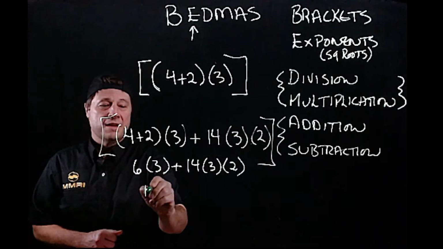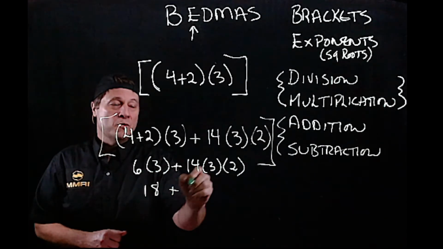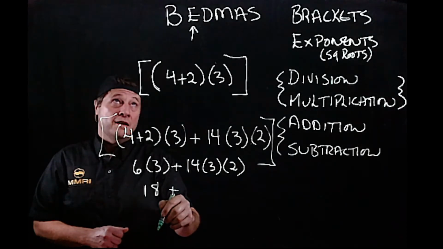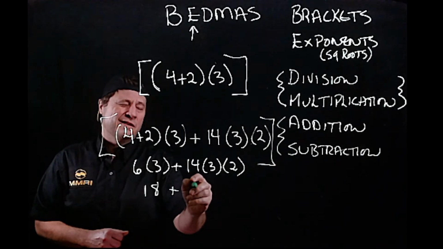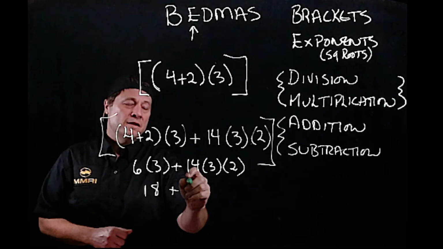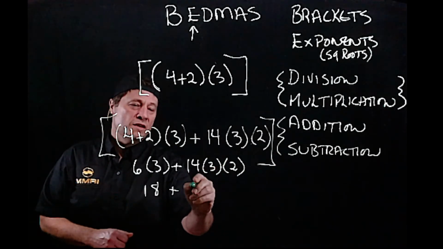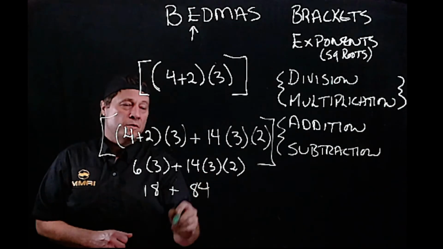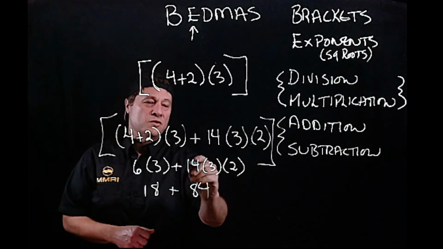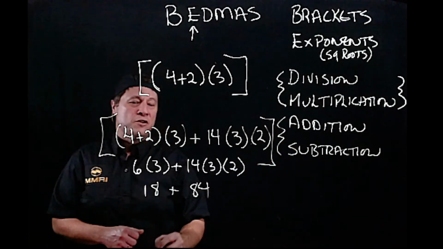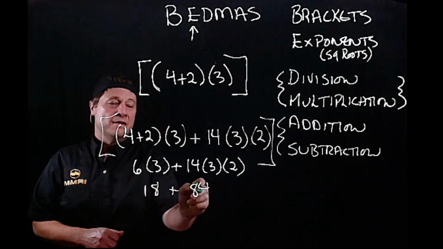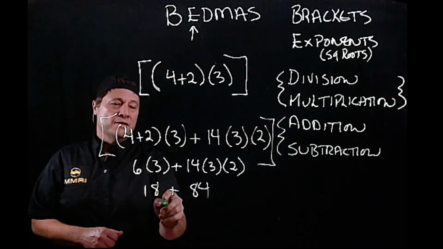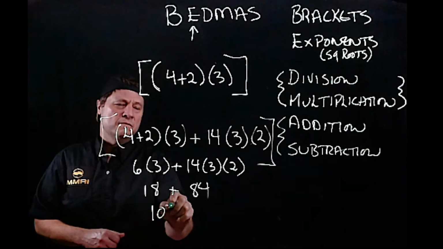So we do 6 times 3 is 18. 14 times 3, was that 52? No, 42. 14, 28, 42. 42 times 2 is 84, right? So you do 14 times 3 times 2. You do multiplication before you do any addition. And so now we have 18 plus 84 is 102, right?